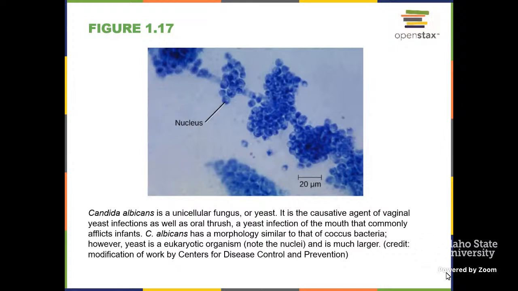If your normal flora gets out of whack, that's when we think about other potentials. And as an adult, yeast infections, whether it's vaginal or oral, or potentially a systemic infection. If you're severely immunocompromised, it may make its way into your circulation and spread throughout your body. And then you're in some seriously poor shape. Not that you probably weren't already, all right? So they have the potential to cause some issues, all right?